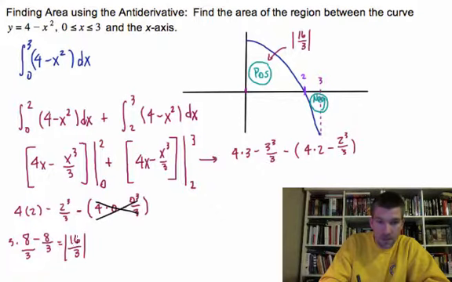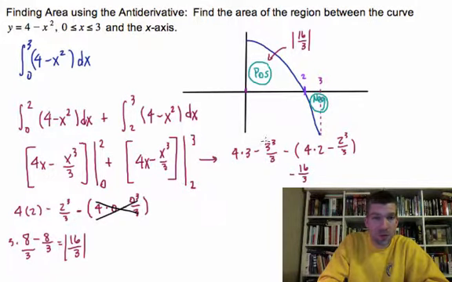And hey, look, you see anything similar, right? This is 16 thirds. And for 12 minus 9, that is 3.